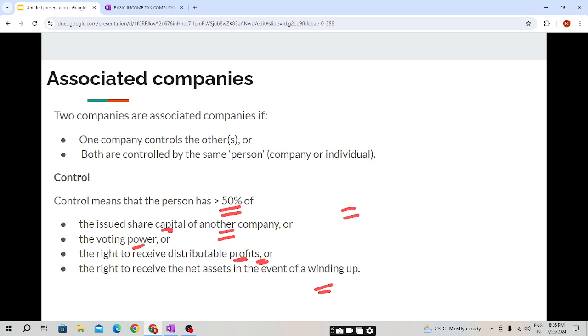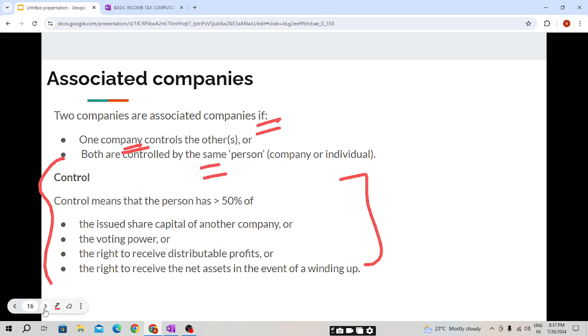So control means more than 50% control on share capital, voting rights, distributable profits and net assets in the event of winding up. So students, 2 companies are associated if one company controls the other or both are controlled by the same person.